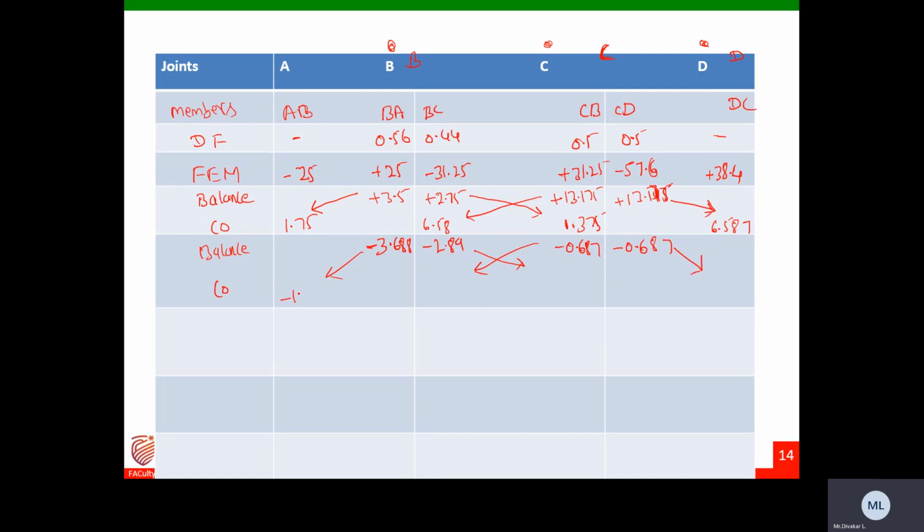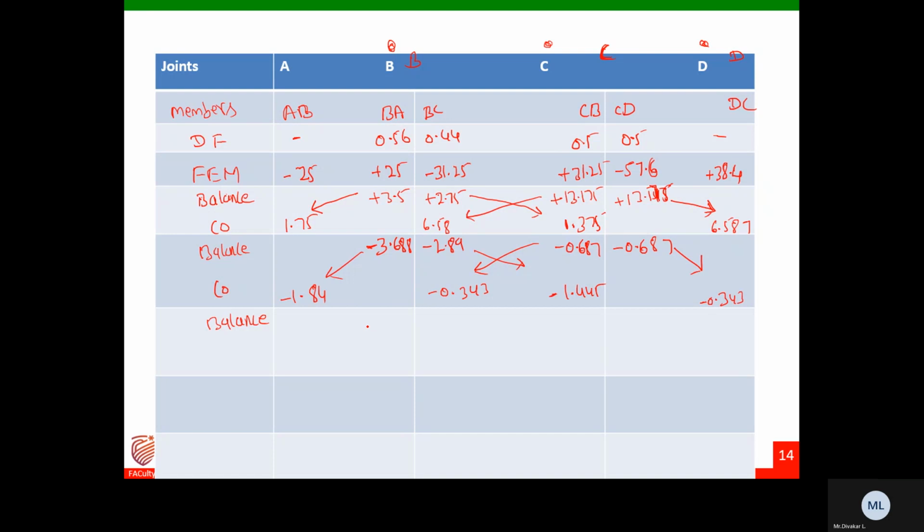So this is minus 1.84, minus 1.84 here, and here minus 0.343, and here minus 1.445, and here minus 0.343. Now once again do the balance.